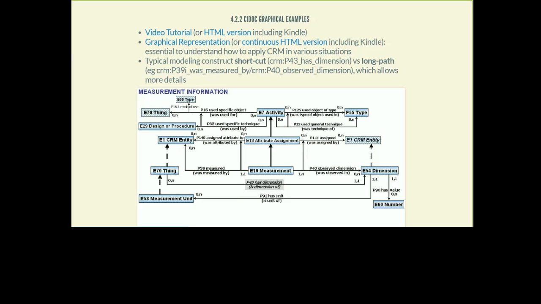So the thing was measured by a measurement activity, a measurement event, and then the measurement event observed that dimension. But in the measurement event, you can put a whole lot more information. Who measured it, when, what techniques they used, what is the tolerance, and so on and so forth. So this allows you to describe the information in briefer ways or also in more elaborate ways.